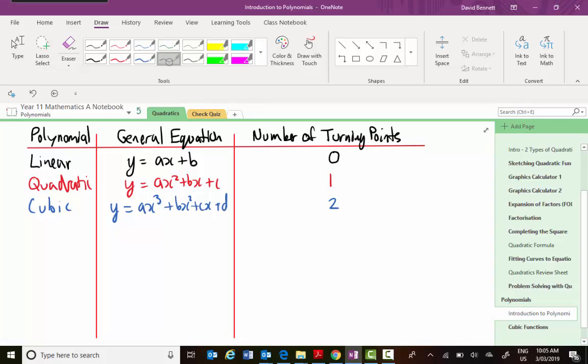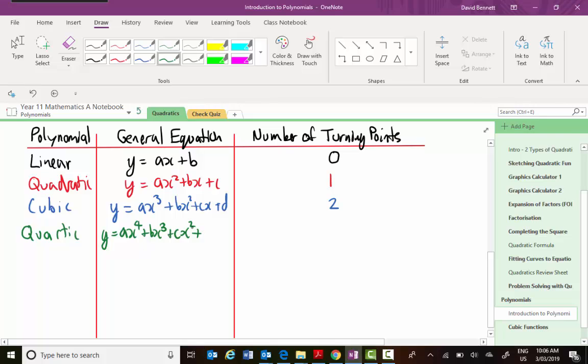Then we get into maybe doing a quartic. That's got a power of 4, so it's the leading coefficient that's the key thing. That will be ax to the 4 plus bx cubed. Even though it's got all these terms, it doesn't actually have to have an x cubed term or x squared term.